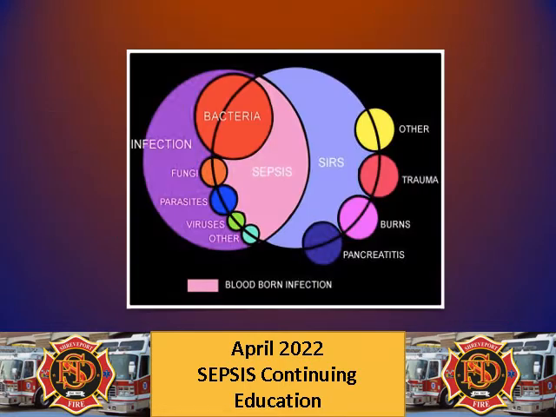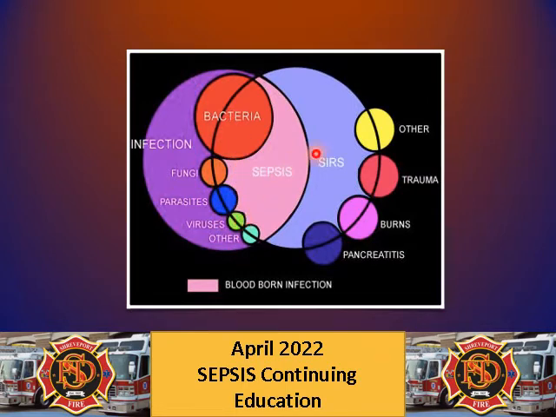So let's talk about SIRS versus sepsis. So number one, sepsis, as you can see here on the left of the screen, is going to be multiple causes of infection: fungus, parasites, viruses, bacteria, other. All right.